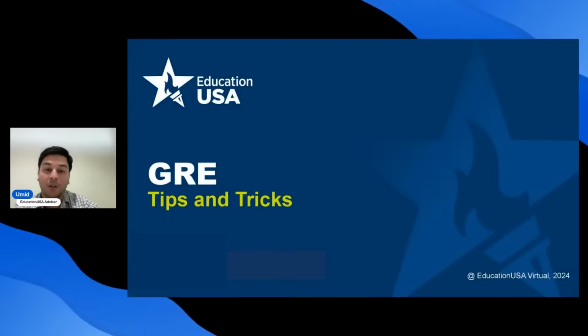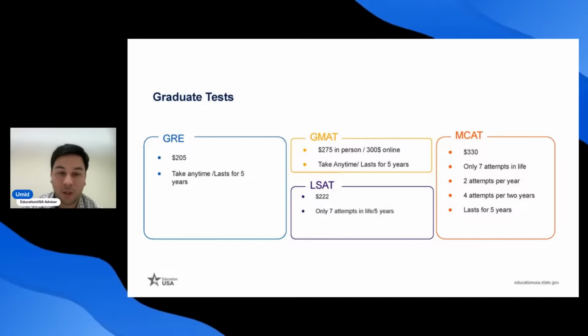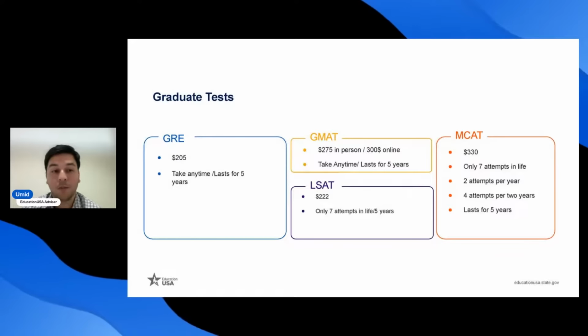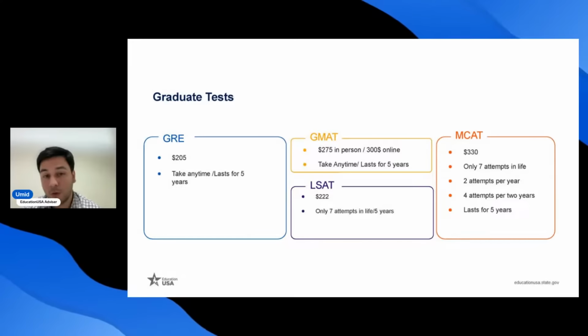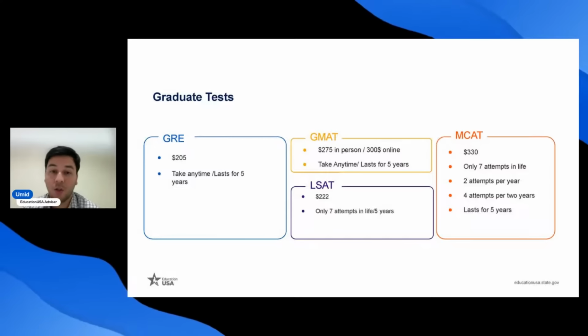And one thing I forgot to mention about the differences between the graduate tests. For the GRE, you can take as many attempts as you need. The same goes for the GMAT, but for the LSAT and MCAT, you can only have 7 attempts in your life.